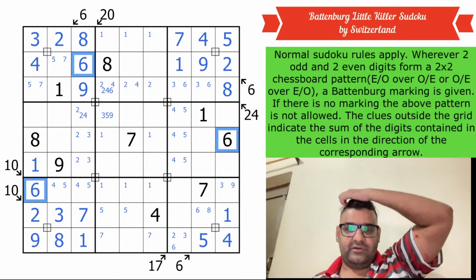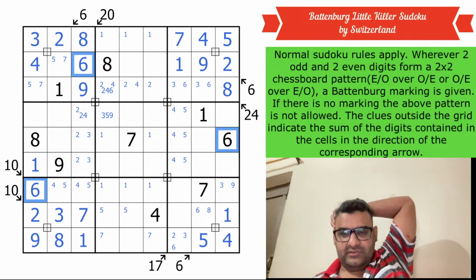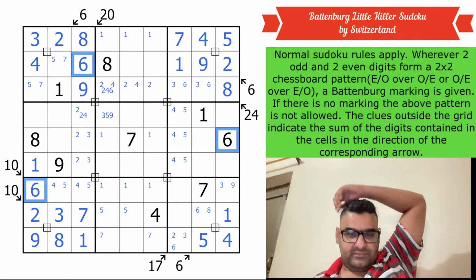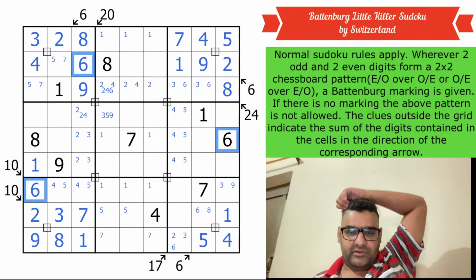What about 6? We already have 3. 6 is revealed. 6 is there. No, 6 is not revealing. Okay, okay. 6 is there, so 6 cannot be here.